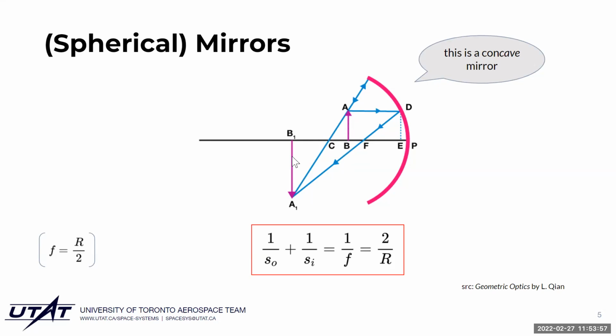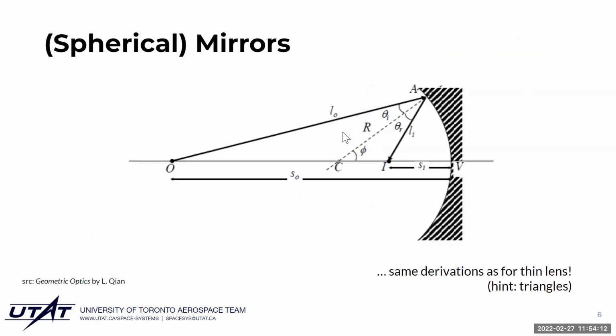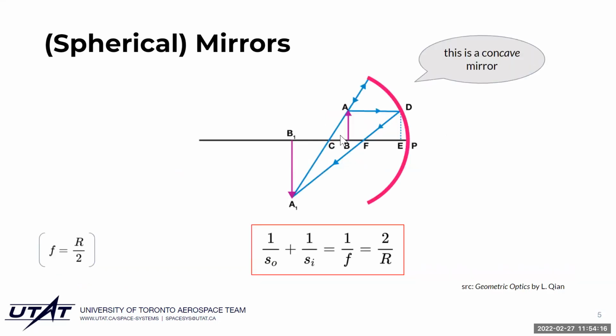Essentially, you can draw triangles with respect to the phi again, then use sine law, cosine law, and you'll end up with this.